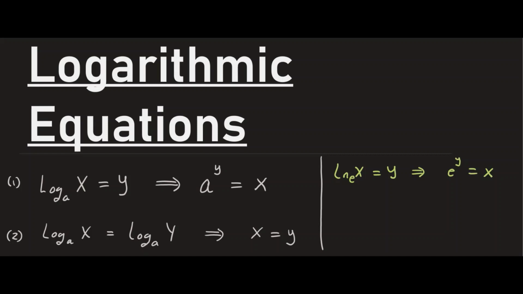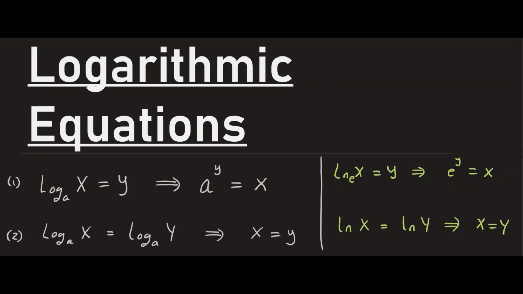Similarly, for the second one, we can rewrite the logarithm using natural log. If you have ln of x is equal to ln of y, we can simply say that x is equal to y. So we're going to be using these two rules to simplify and to solve logarithmic equations.